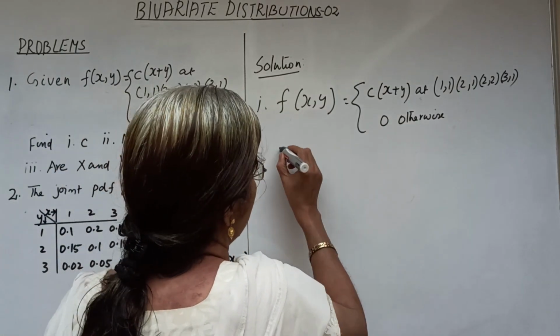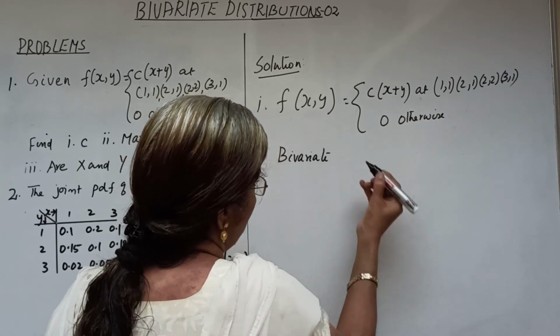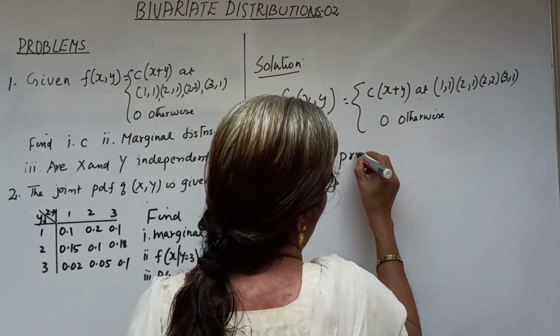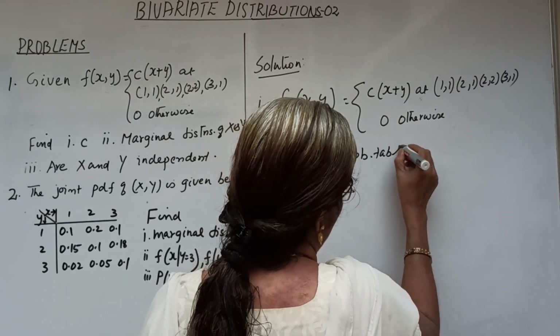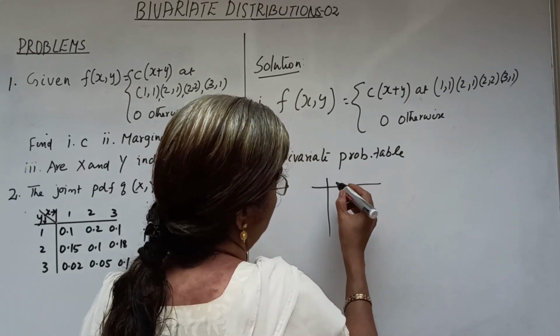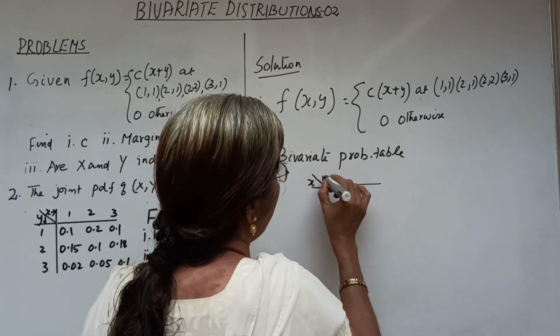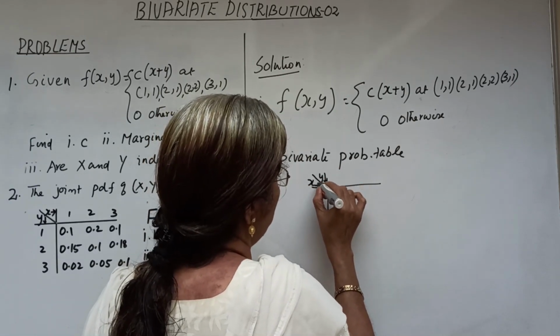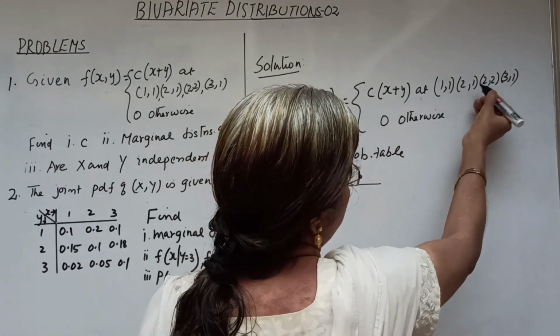We can consider this in a bivariate probability table. We can write the probabilities in the bivariate probability table. Let me write x as row and y as column. X takes the values 1, 2, 3.